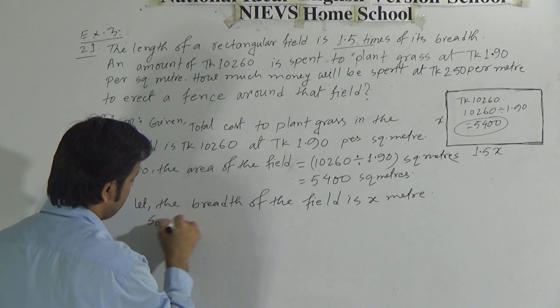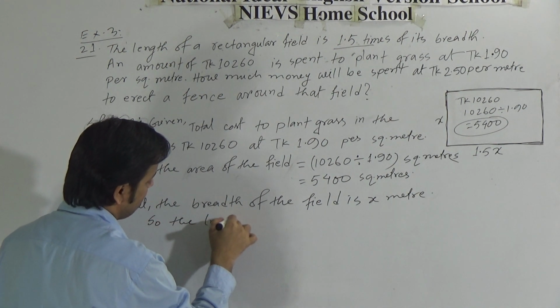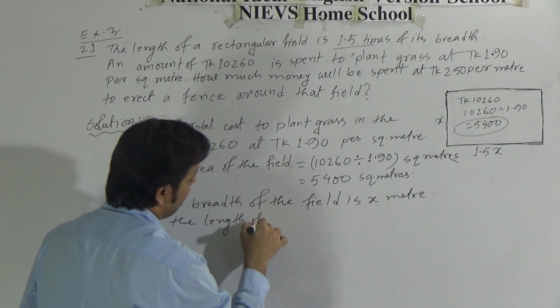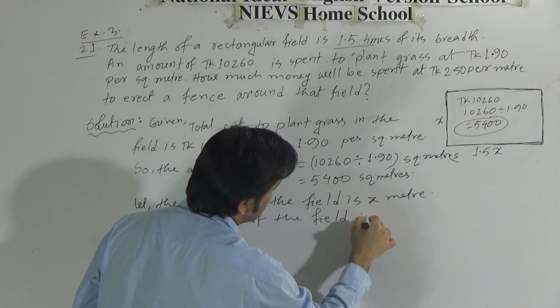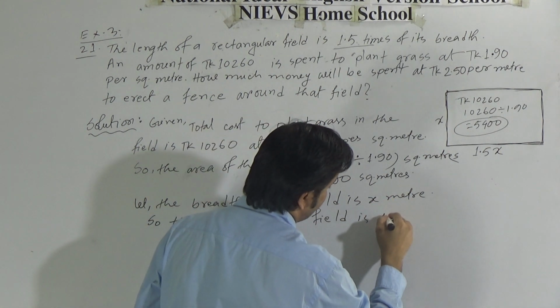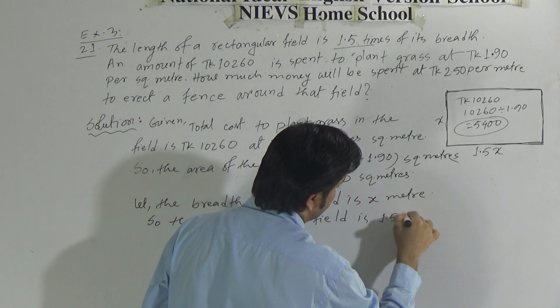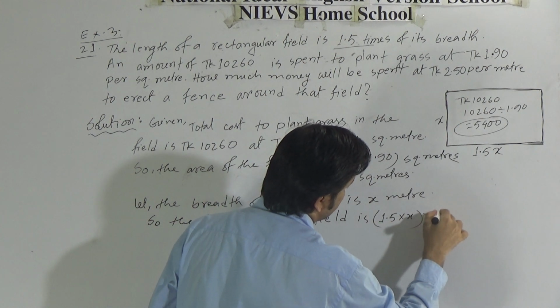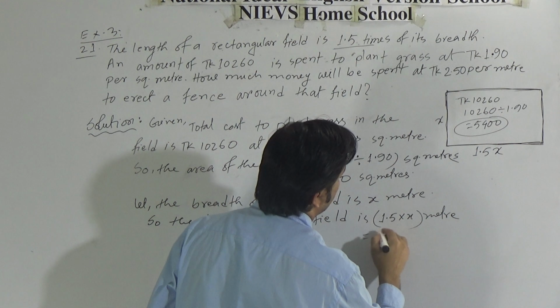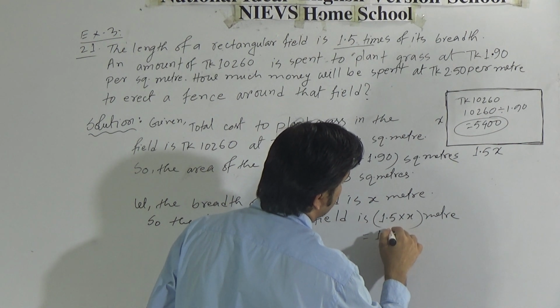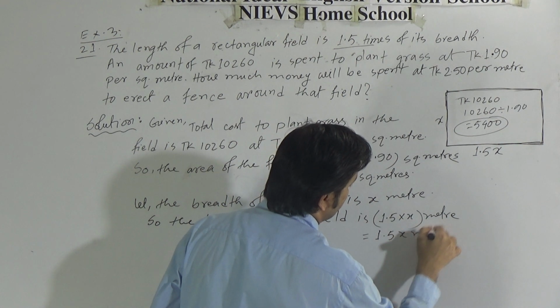So the length of the field is 1.5 into x meter, it means 1.5x meter.